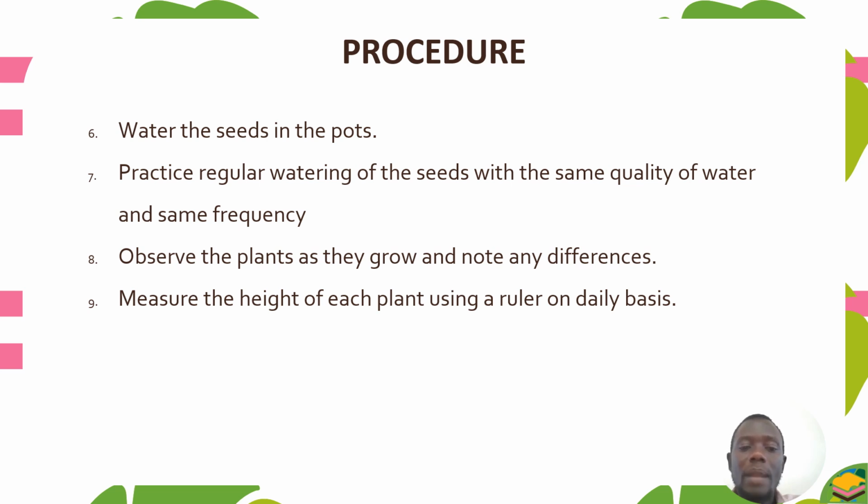Then observe the plants as they grow and note any differences, and keep a record. Another step is to measure the height of each plant using a ruler on a daily basis.